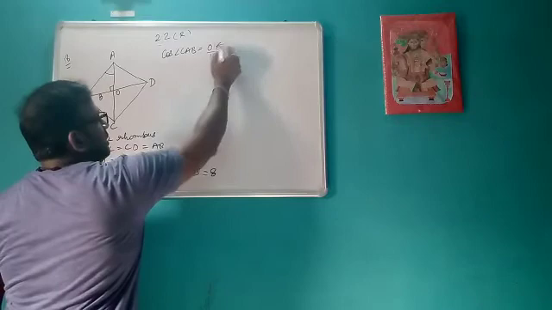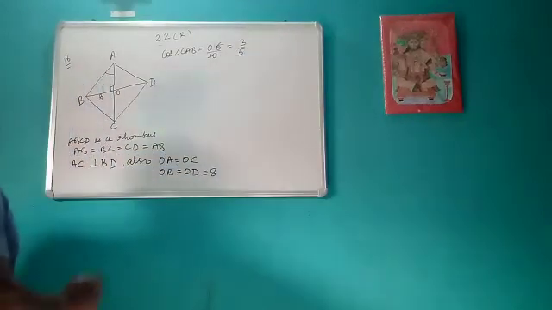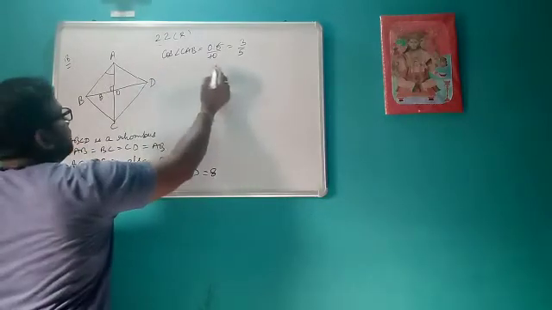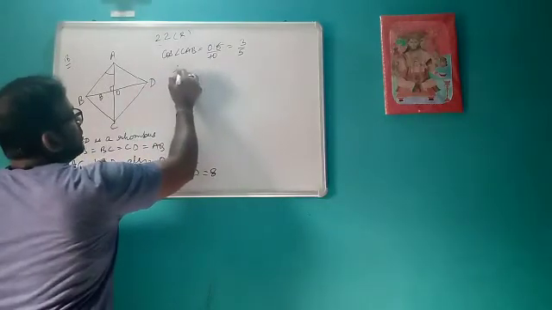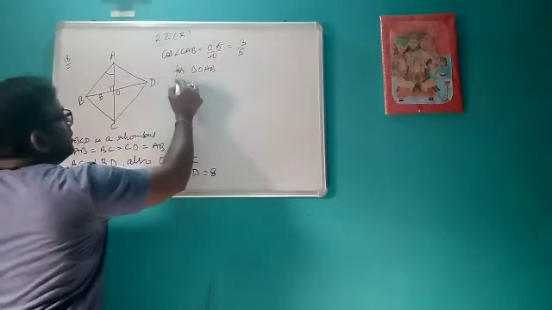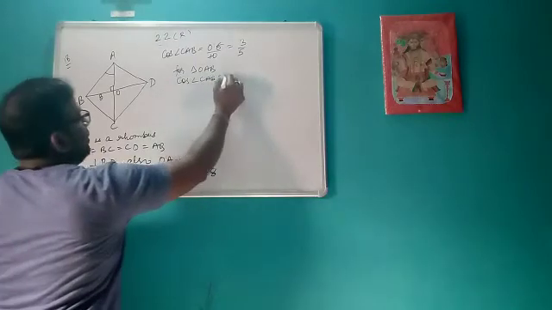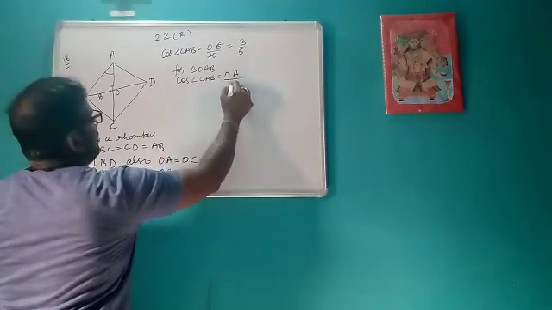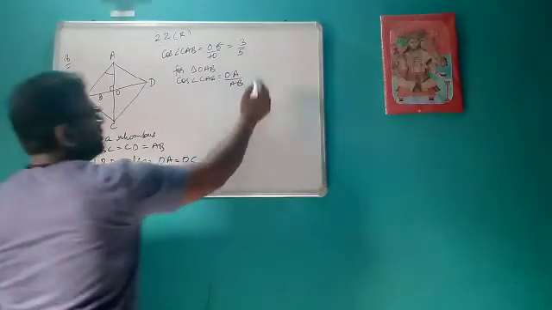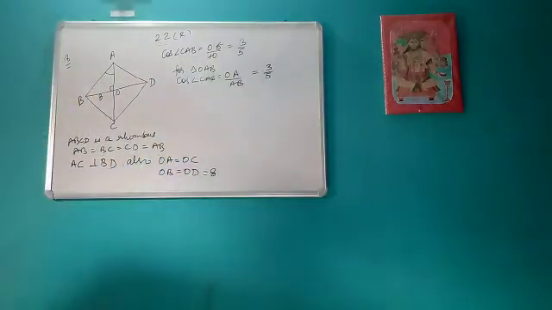This is 6 by 10. It becomes 3/5. So when you write cos angle CAB, for which triangle? Triangle OAB. If you write cos of angle CAB, it will be base upon hypotenuse, and it is equal to 3/5.